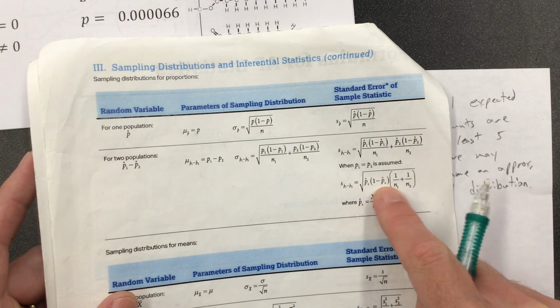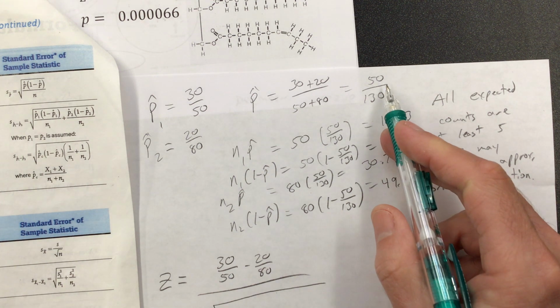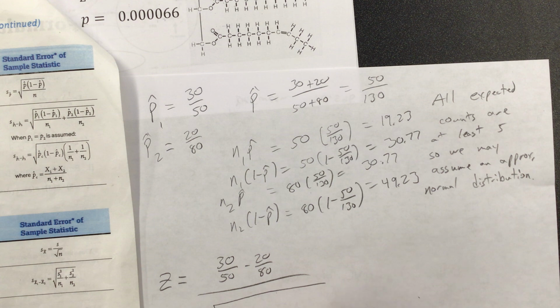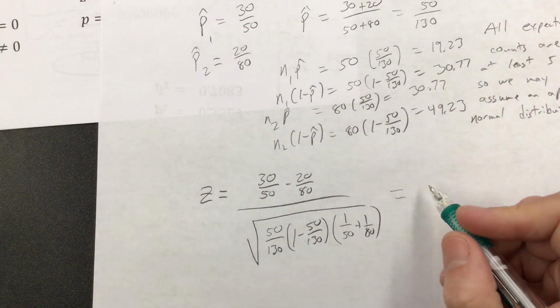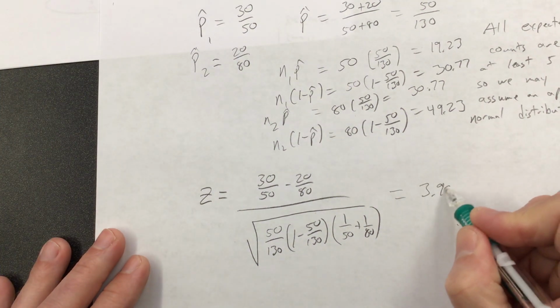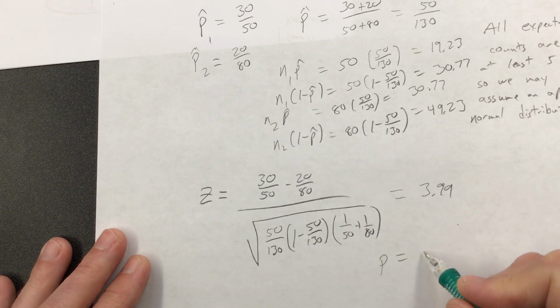So here's where we use our pooled P, which was 50 out of 130. And there we go. So that's how we get the Z, and apparently it is 3.99, and our p-value is very small.